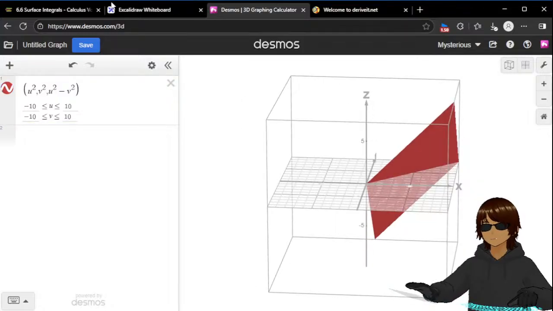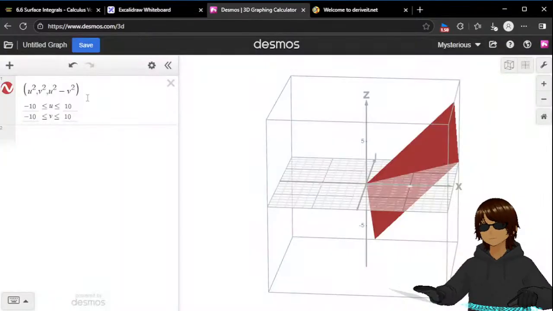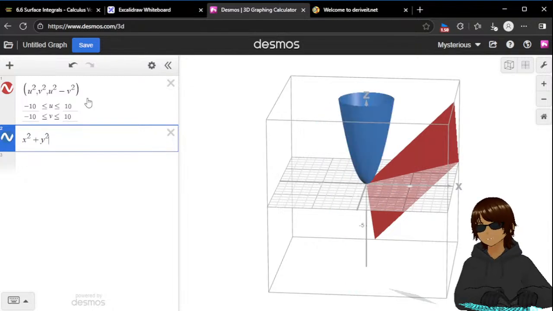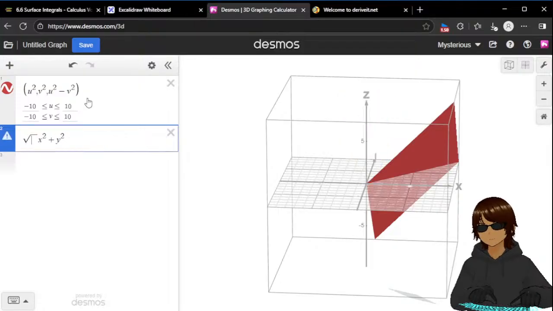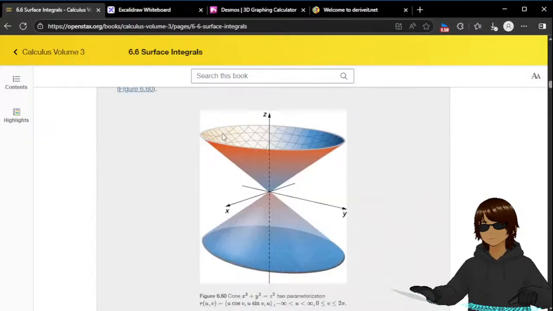What is this? So why doesn't this work? x squared plus y squared, square root. Okay.